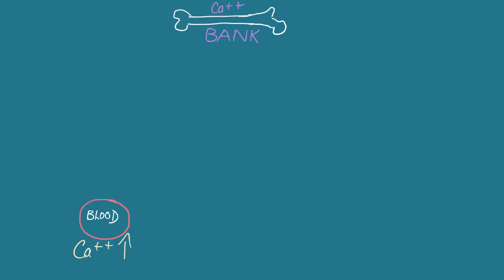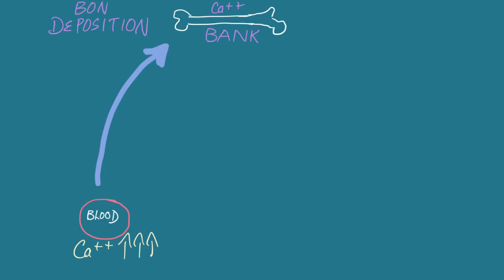Let's say you have way too much calcium in your bloodstream, then the excess calcium is deposited into the bone. We call this bone deposition, and this is brought about by increased activity of the osteoblasts. Osteoblasts bring about bone deposition.